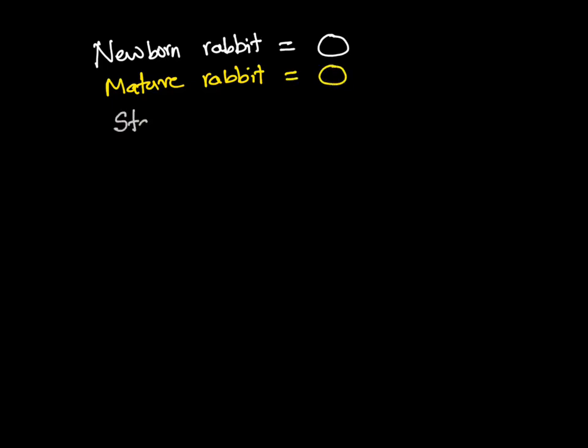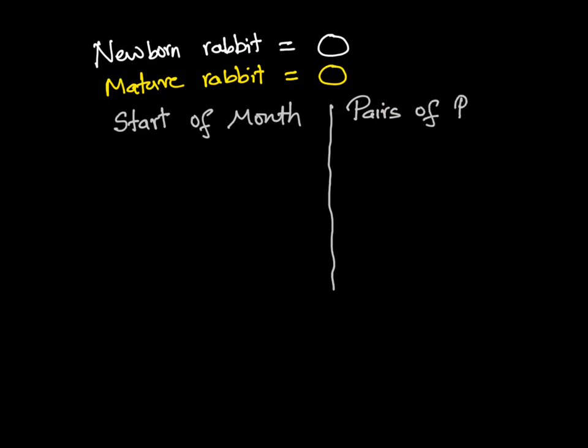The start of every month is the number that we're going to write down, and that's the first column, and the second column is the pairs of rabbits, like how many rabbits are going to be born.